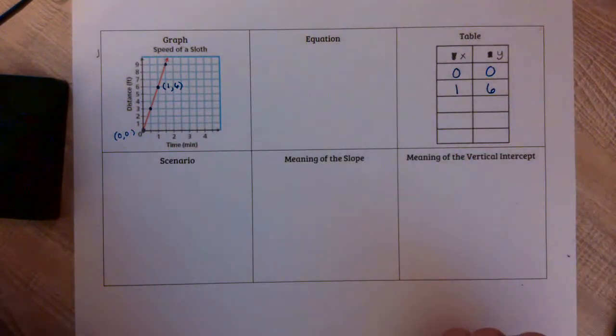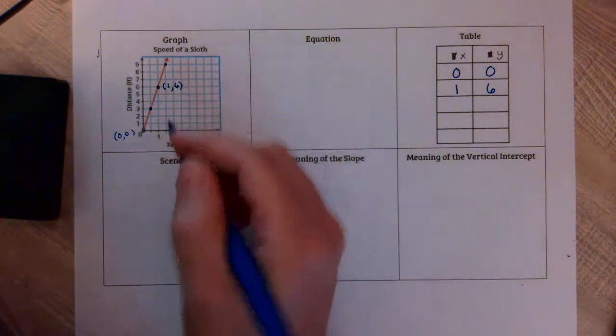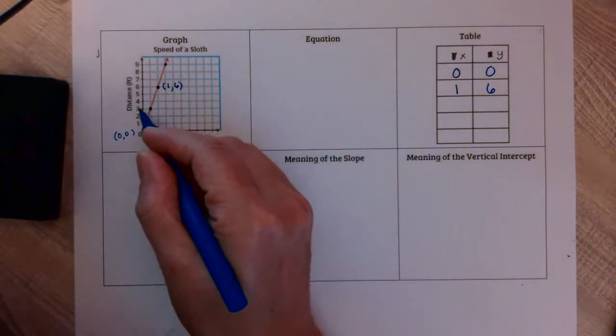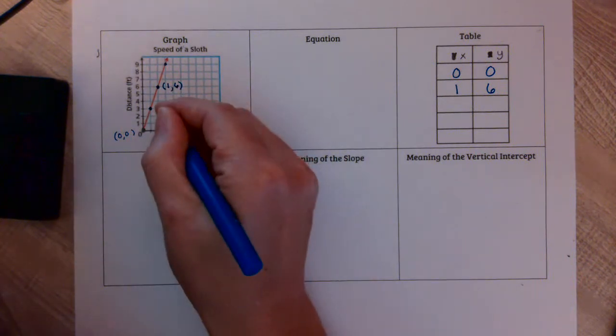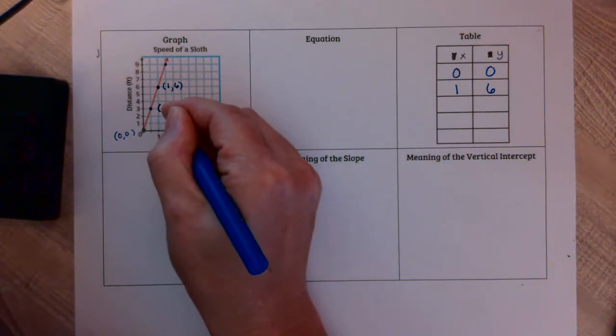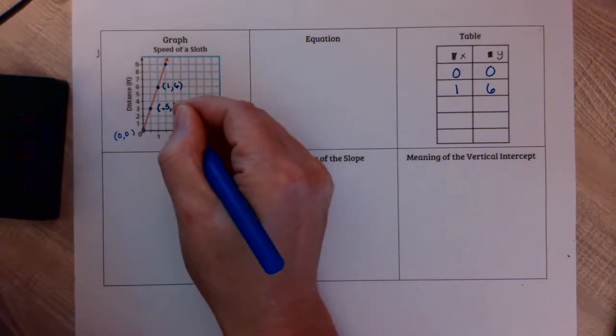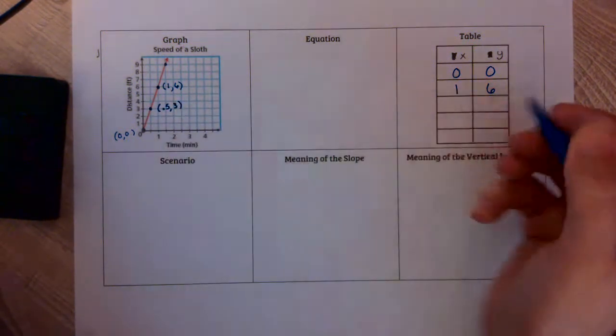Let's see another one. Let's see, what would this be? Obviously it's 3 there, but if it's halfway between 0 and 1, then it would be 0.5 or a half, and then 3.